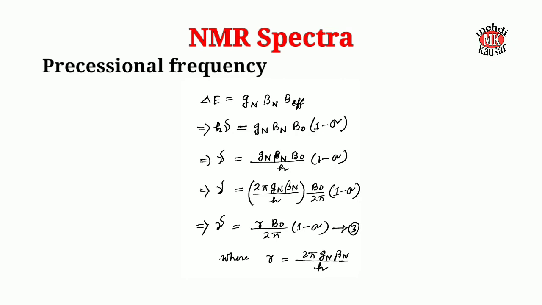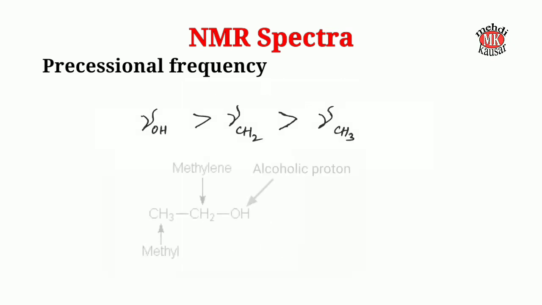This frequency is different for nuclei in different environments. Hence, different nuclei come into resonance with different frequencies, and the precessional frequency of the OH proton is greater than that of the methylene protons, which is greater than that of the methyl protons.